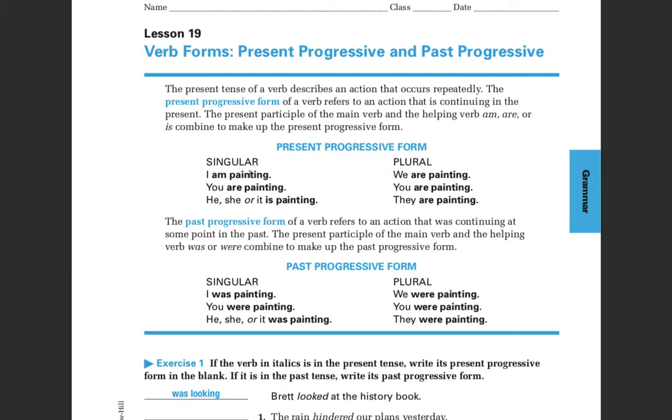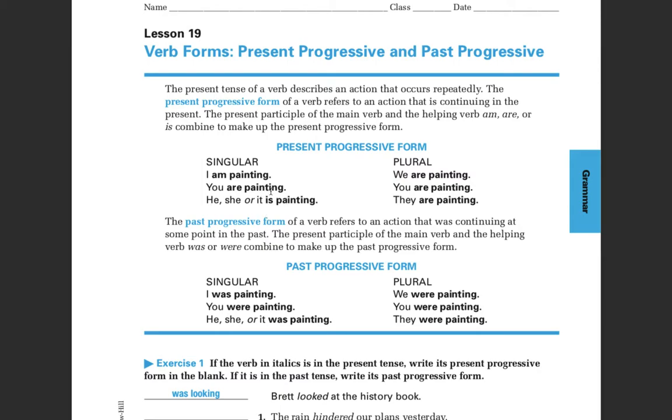So let's have a look at these examples here. In the present progressive form, I say I am painting. So basically here I used am with I and added ing to the verb. You are painting. Of course, you still remember subject verb agreement. You takes are and the verb here takes ing. He, she, or it are singular. That's why we used is painting.